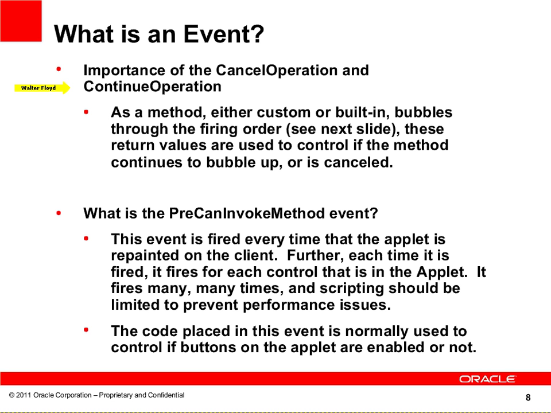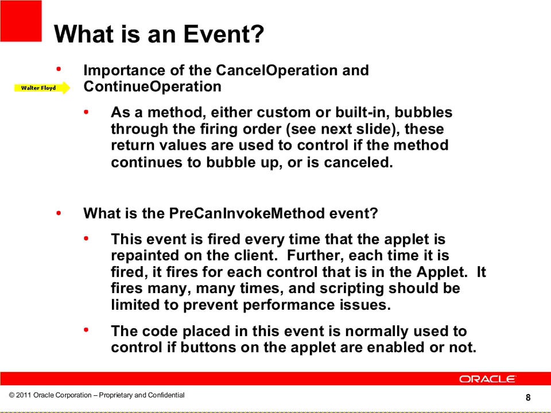It cancels that operation and returns back to the UI. Continue operation, as you would expect, does the opposite. It says continue on with the process. We'll talk about this in more detail. The next slide will go into more detail about how you can use those return values to control the method going through the different events that are being fired.